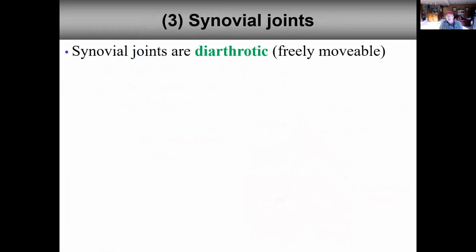Okay, and finally on to structural type number 3, our last kind, synovial. These are freely movable. These, remember, again, are the ones that you and I are most familiar with.